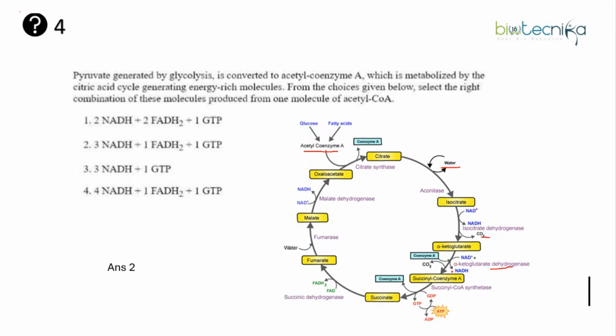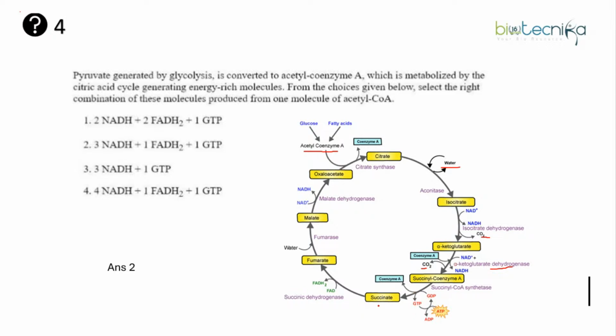Here again, a molecule of CO2 is formed. Now, your succinyl coenzyme A is converted to succinate by succinyl CoA synthetase. And here, GDP is converted to GTP.